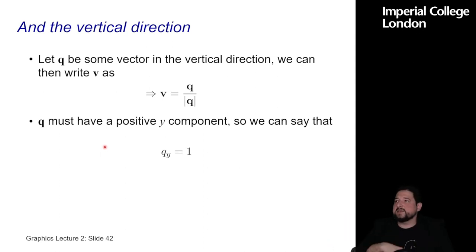So Q, I can say, is some other vector in the vertical direction, and this I can again write as a normalized version of that vector, and say, okay, V is some normalized vector in this vertical, and the y component here must be 1.